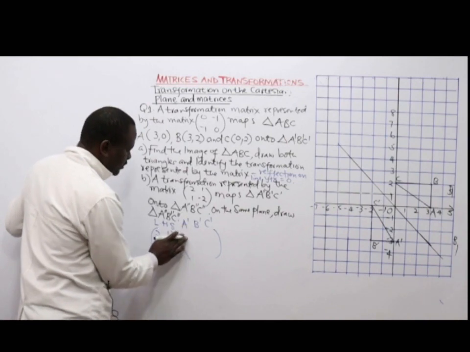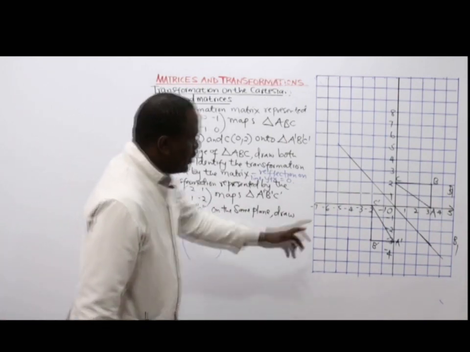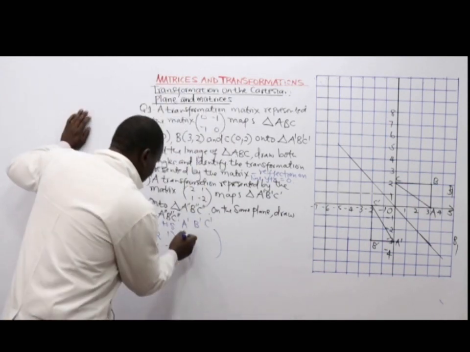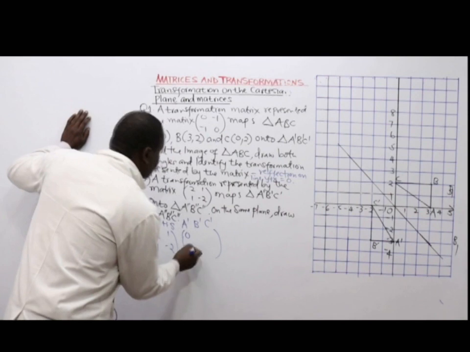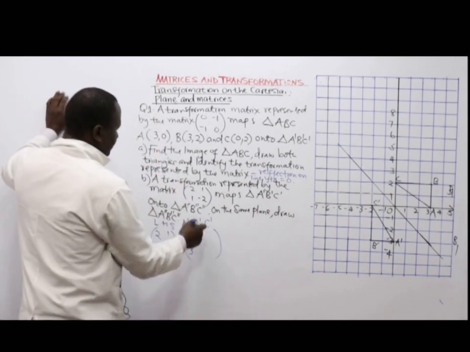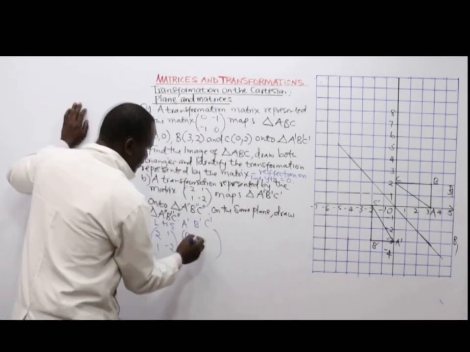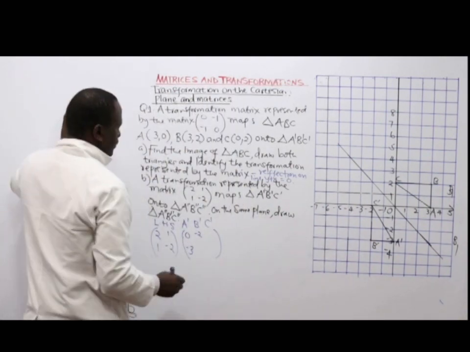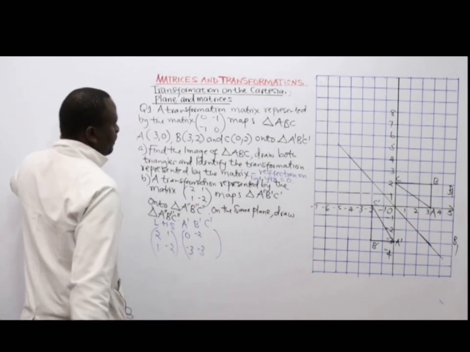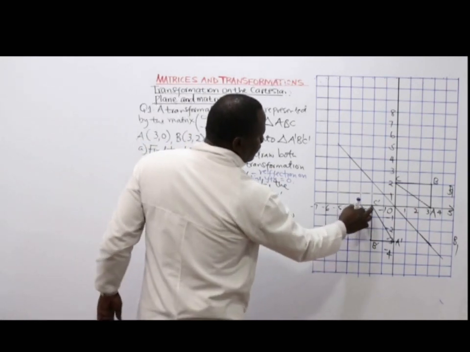The image is A prime is 0, negative 3. B prime is negative 2, negative 3. C prime is negative 2, 0.